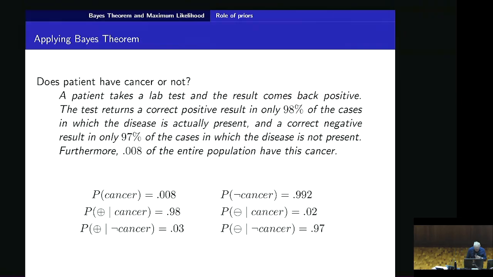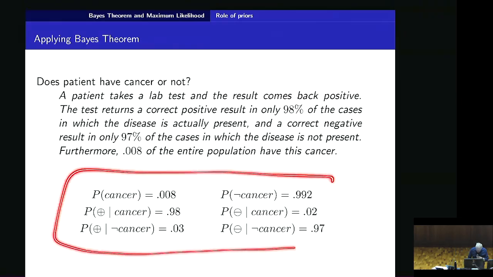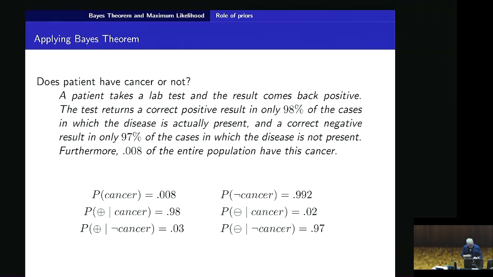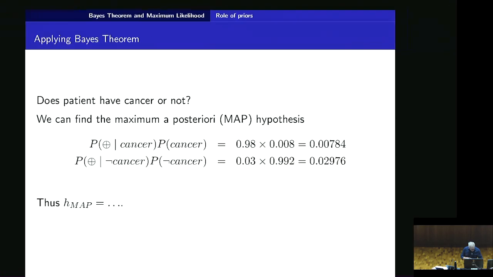And if we fill in these values, we can then compute using the MAP formulation. Right? Now in this case, this is MAP, not maximum likelihood, because we have the priors.